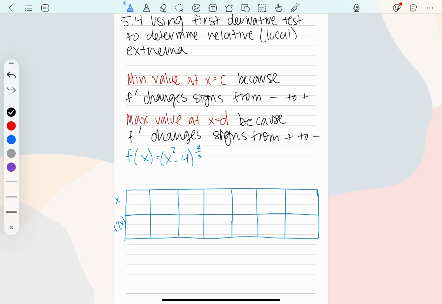So now we're going to practice this on an equation. So first we're going to find our critical points, because we need that to determine if it's a min or a maximum. So f prime of x, so bring it down.